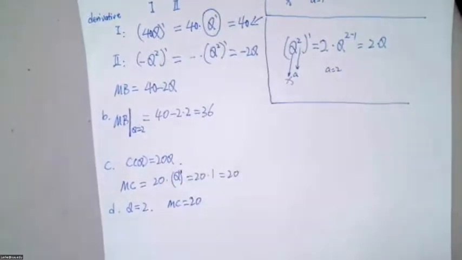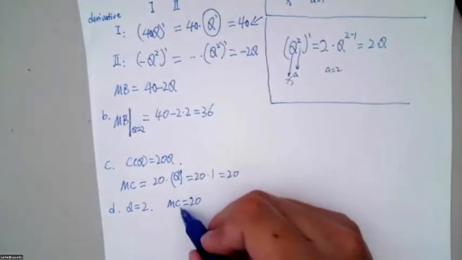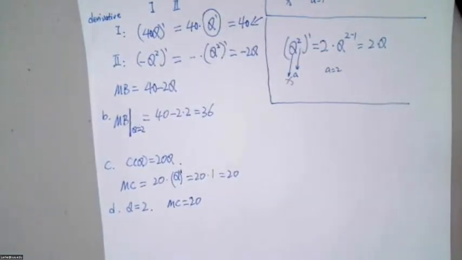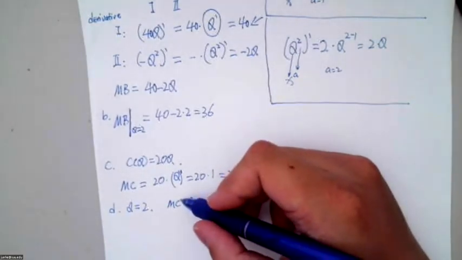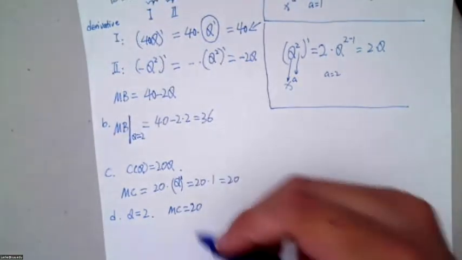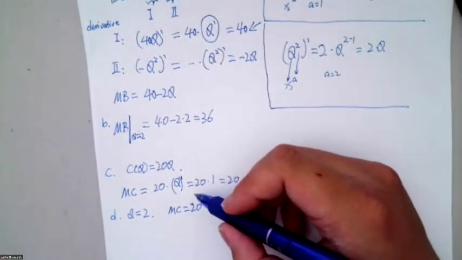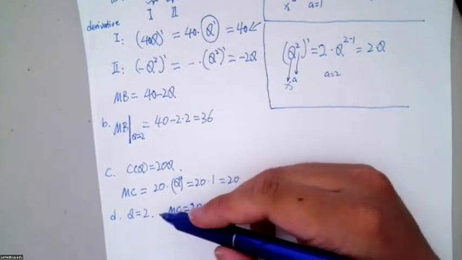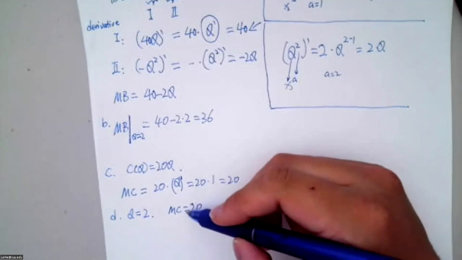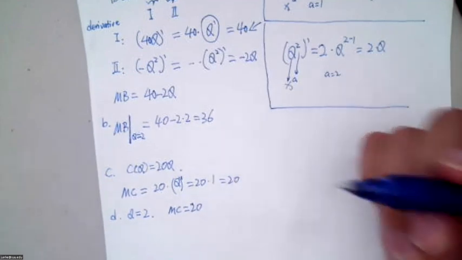So that means no matter what number q is, your marginal cost is the same. This is what marginal cost means economically: the additional cost, the increment in your total cost by producing an additional unit of product. So here it means producing each additional unit of product, the cost is the same, which is 20.